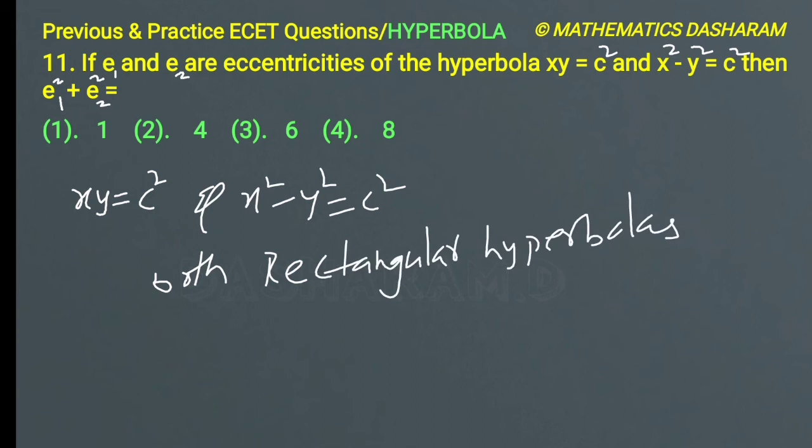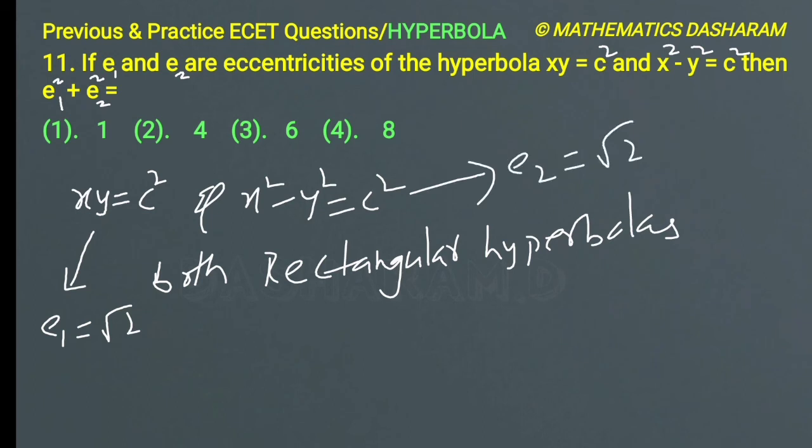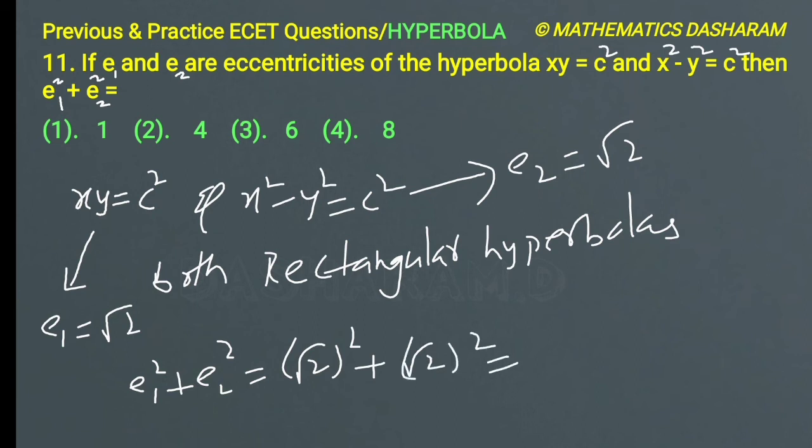And we know very well the eccentricity of a rectangular hyperbola is root 2. So E1 equals root 2, and E2 equals root 2. Now he is asking E1 square plus E2 square, then root 2 square plus root 2 square. So 2 plus 2 equals 4.